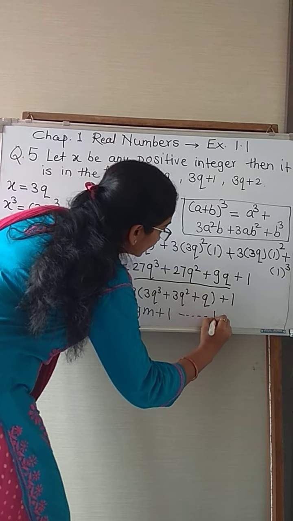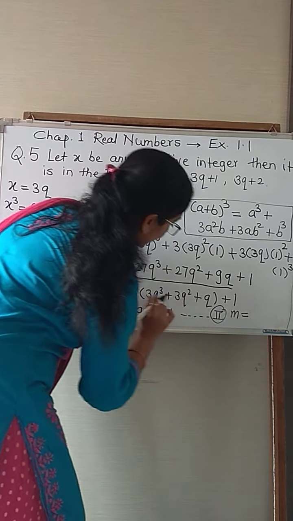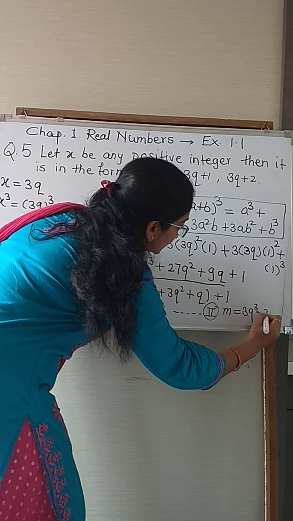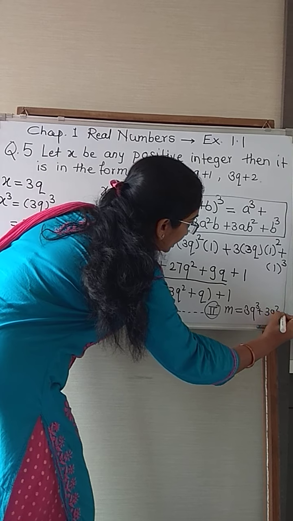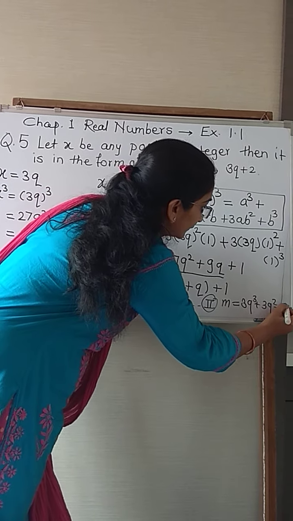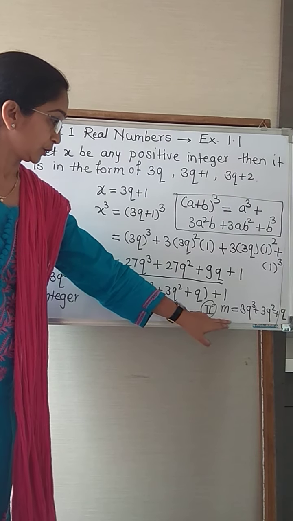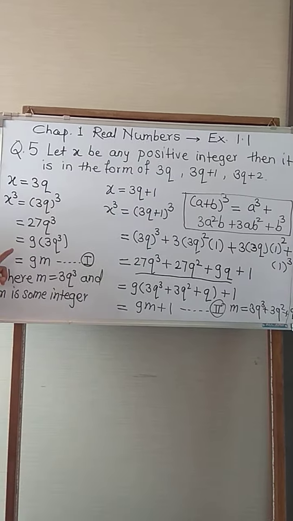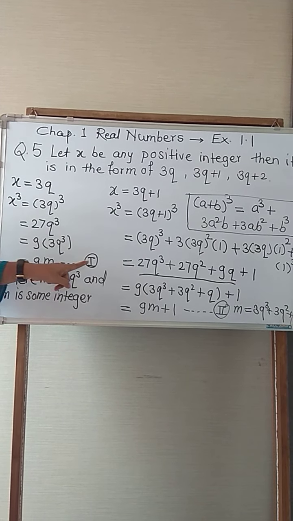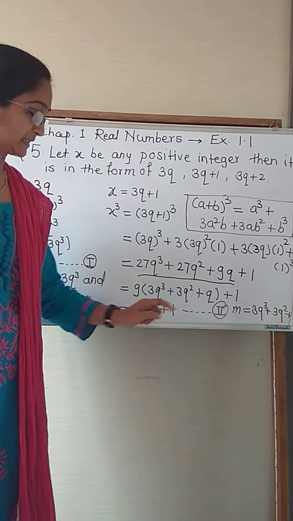So this is our second equation, where m is this bracket, that is 3q cube plus 3q square plus q, and where m is any integer or some integer. So this is our first equation, x cube is equal to 9m, and the second equation is x cube is equal to 9m plus 1.